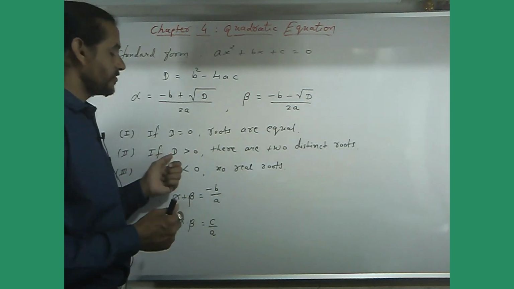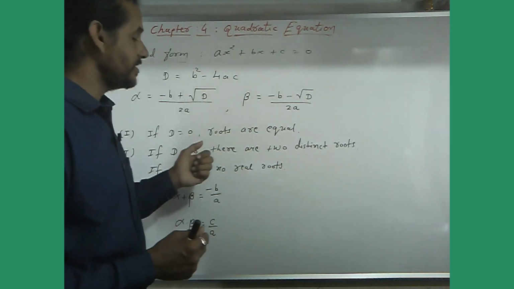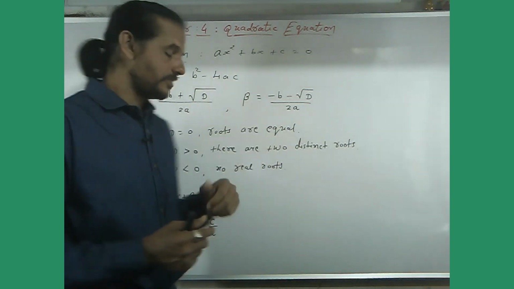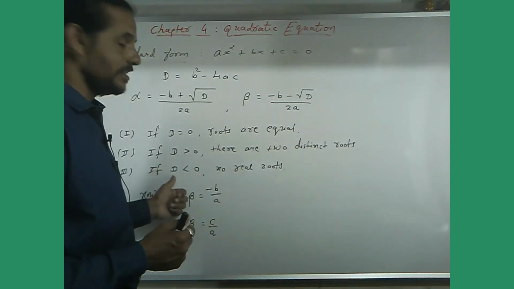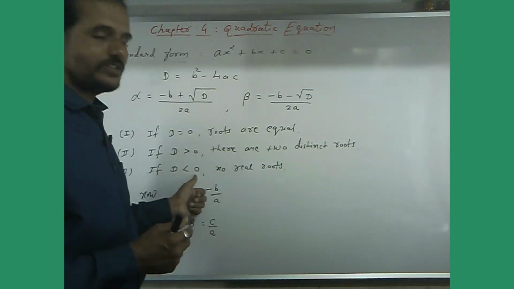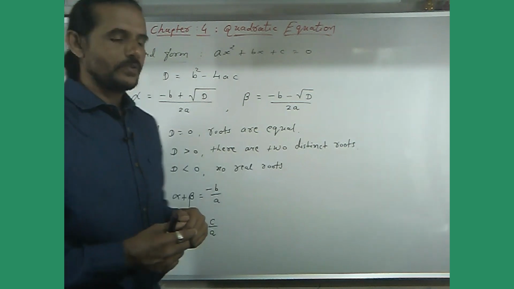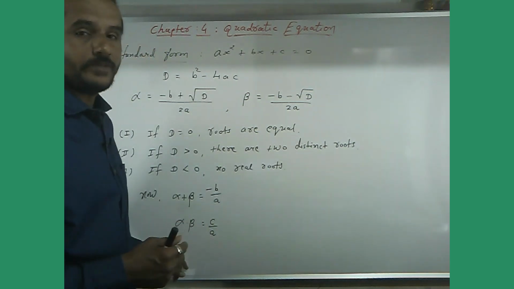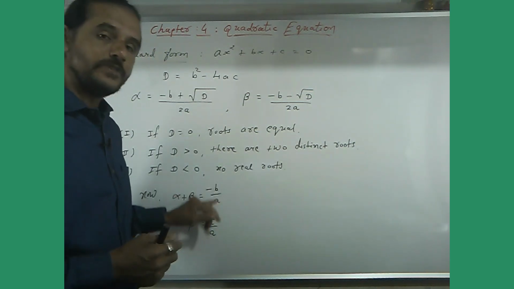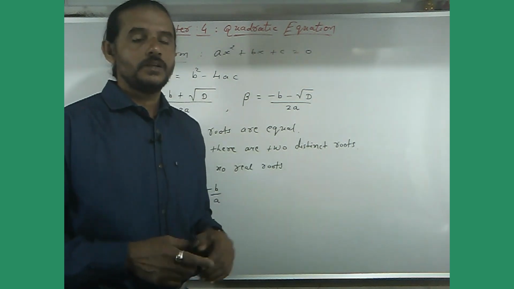If D greater than 0, means there are two distinct roots. And if D, यानी कि b square minus 4ac, less than 0, means no real roots. Alpha plus beta equal to minus b upon a, and alpha into beta is equal to c upon a.